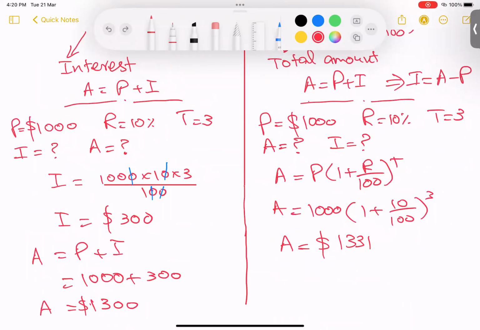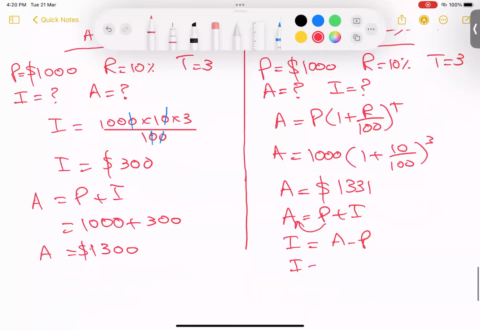As A equals P plus I, so I equals A minus P. From your total amount of 1,331, subtract 1,000. So your profit is $331. Is there a difference between 331 and 300? Yes, the difference is there.